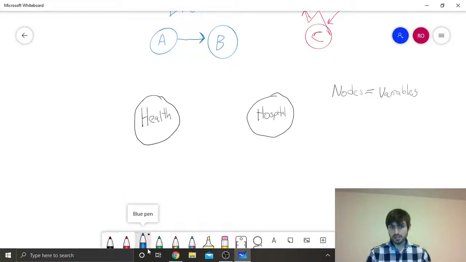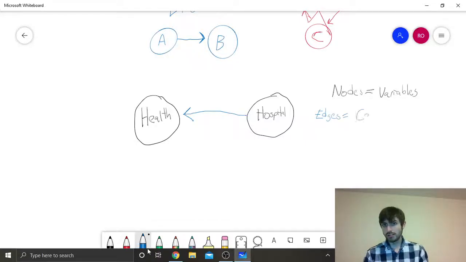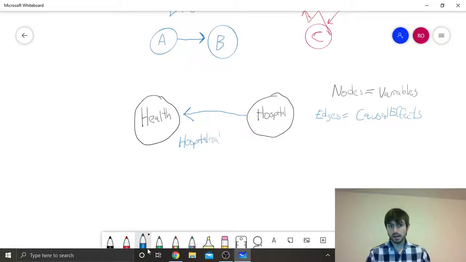And the edges are causal effects. So this is saying hospitalization causes health. Okay, so that's a really basic way of showing a causal relationship using a directed acyclic graph.